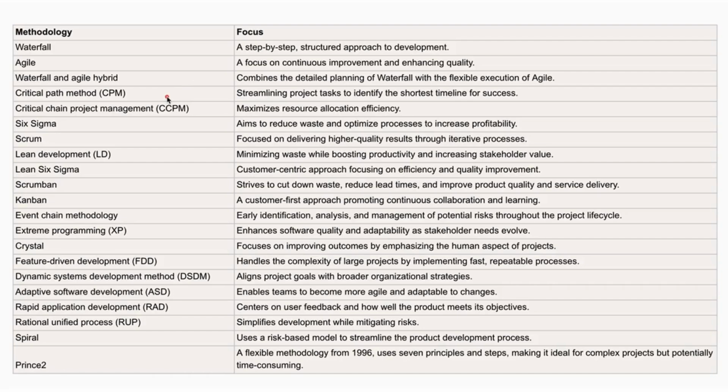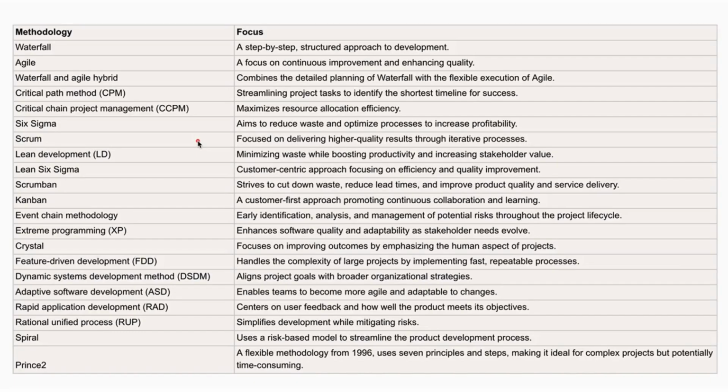So that's streamlining project tasks to identify the shortest timeline. And there's the critical chain project management. So maximize resource allocation. And we got the Six Sigma here. So that aims to reduce waste and optimize processes to increase profitability.